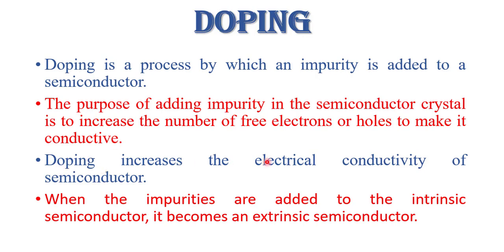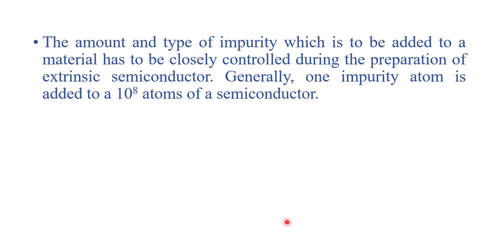Doping increases the electrical conductivity of semiconductor material. When the impurity is added to the intrinsic semiconductor, it becomes extrinsic semiconductor. Now, the amount and type of impurity which is to be added to a material has to be closely controlled during the preparation of extrinsic semiconductor.